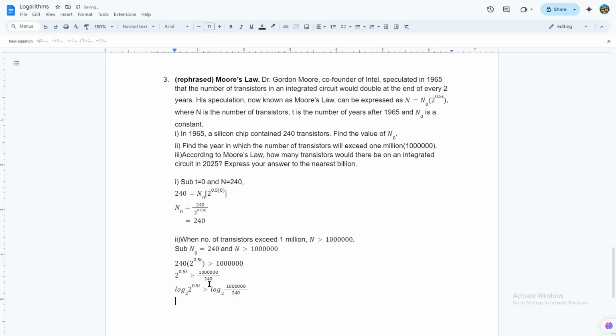And we can see that 0.5t is greater than log base 2 of 1 million over 240, which is this big fraction over here.